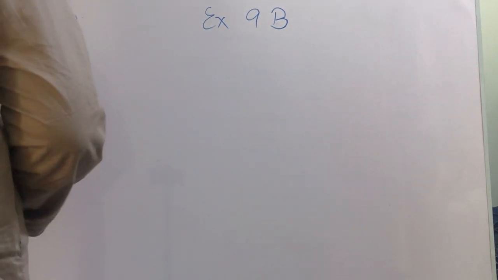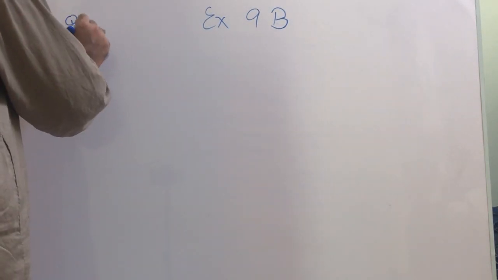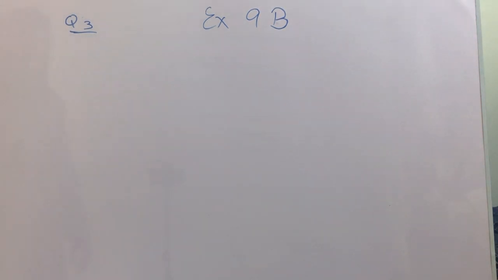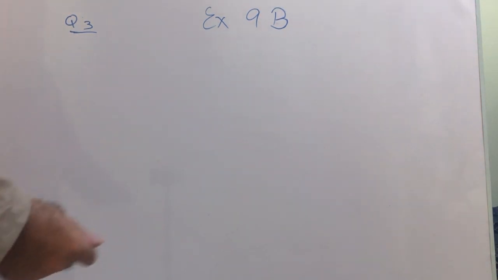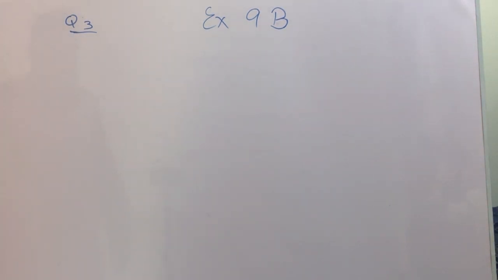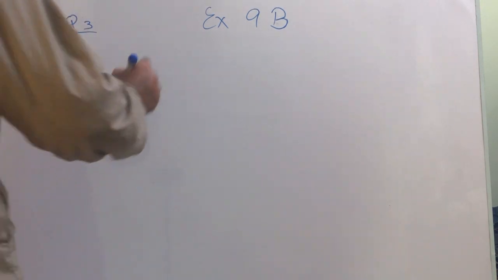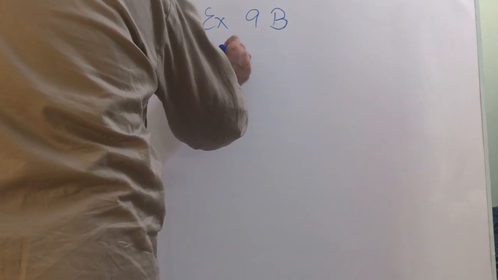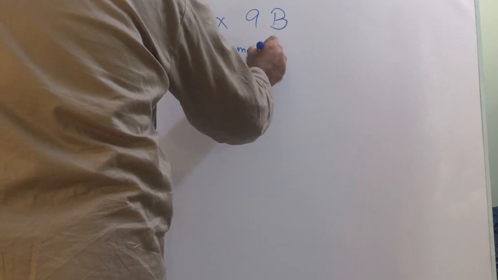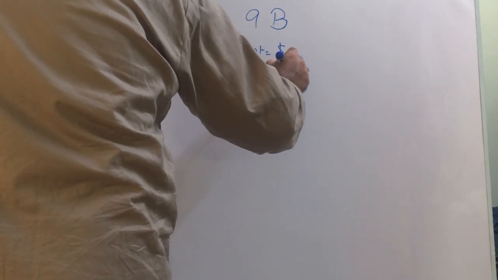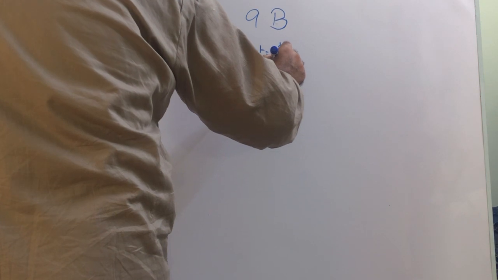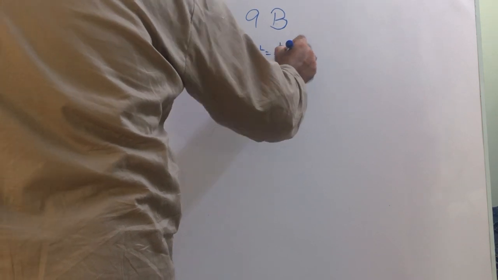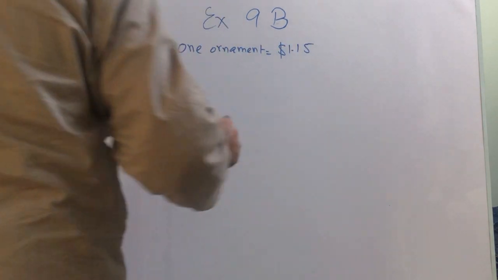Question number 3. For each ornament, means jewelry, that a worker makes, he is paid $1.15. Okay. For one ornament, the wages are how much? $1.15.